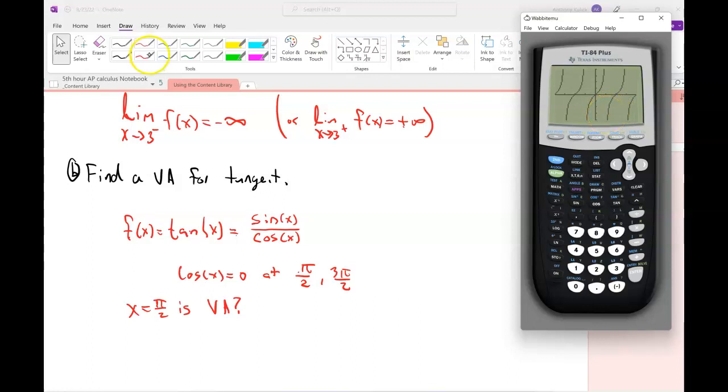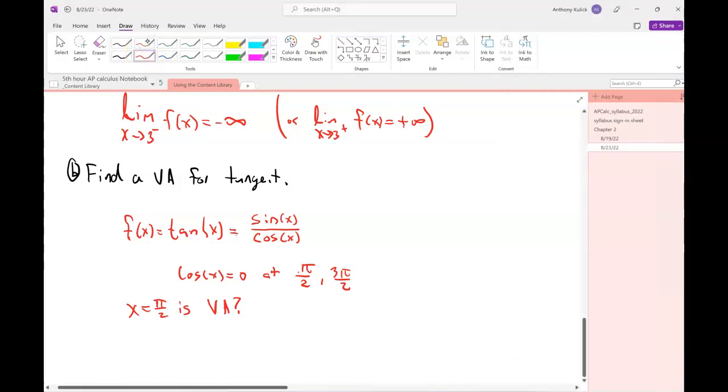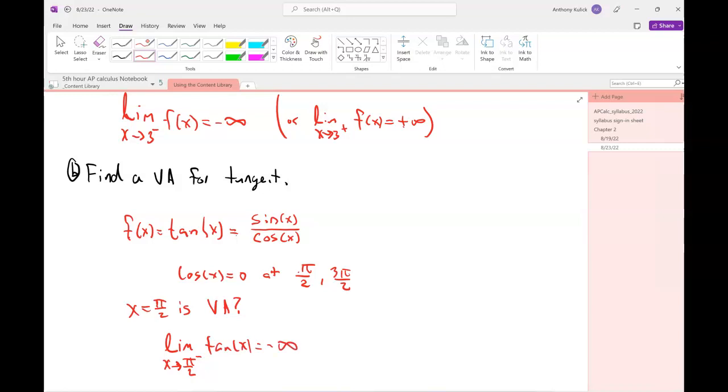So either one of those would be enough to state that that is the vertical asymptote. Everybody's okay with that?